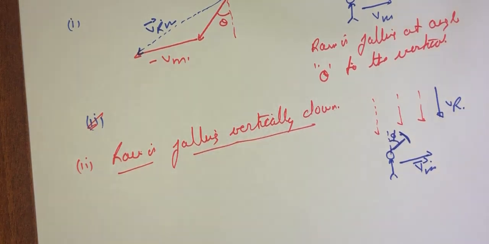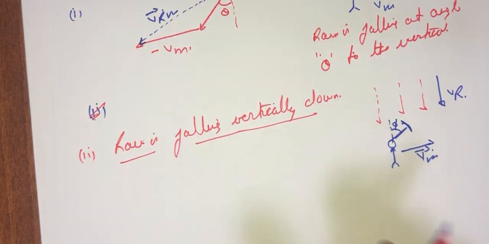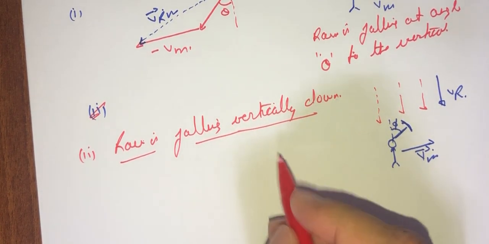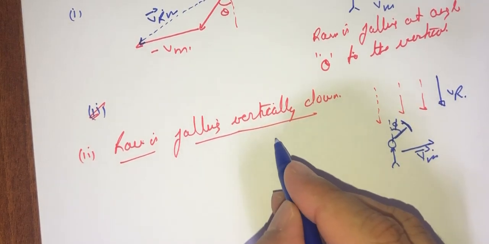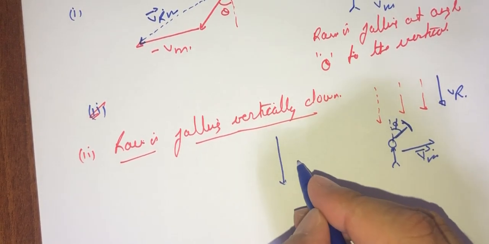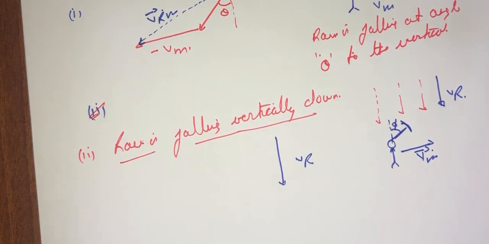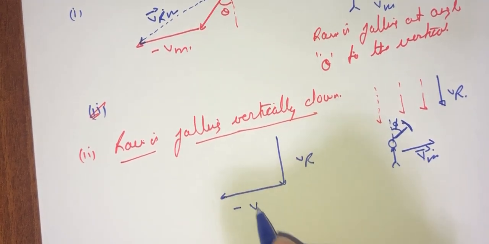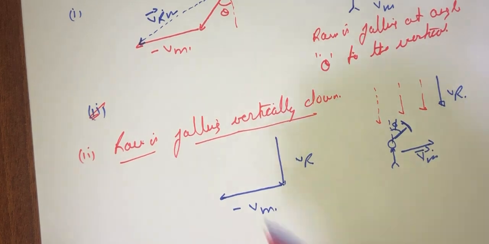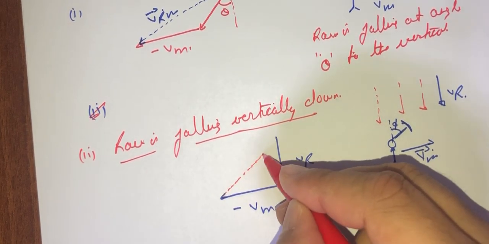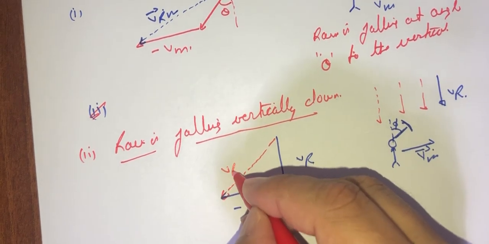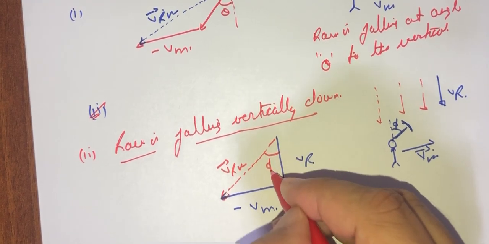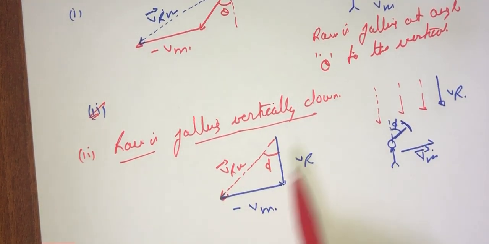Now again, we are going to draw the triangle. The velocity of the rain, that is Vr, is falling in this direction. So this is our Vr, and minus Vm completes the triangle, so the resultant will be given by Vrm, and this will be the angle phi. So this should be the position of the umbrella.